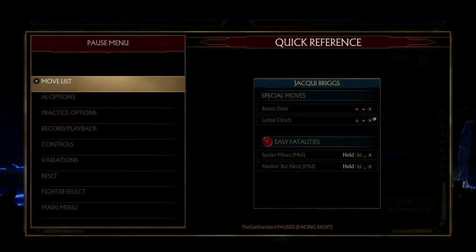So hit advantage is good to know what is jailing, what jails, what doesn't jail, and basically how you can follow up your offense.